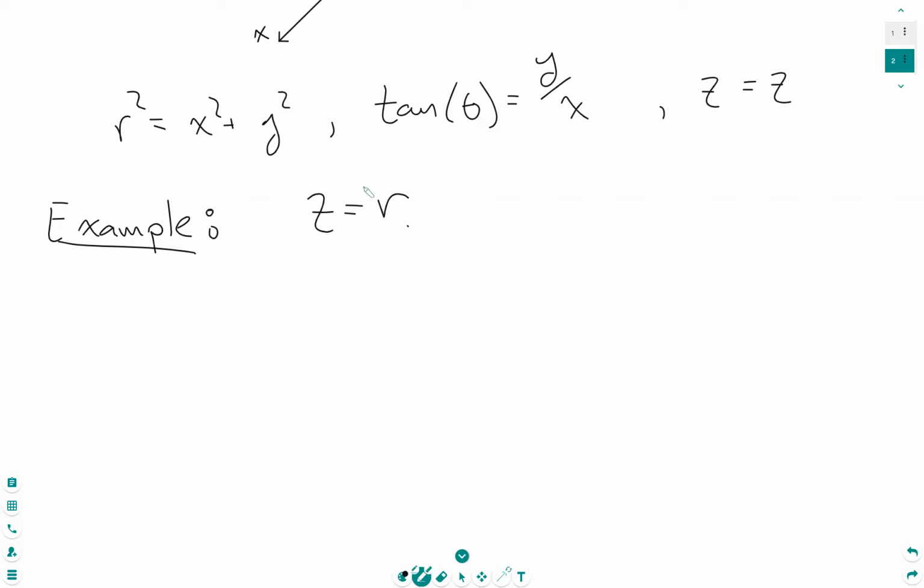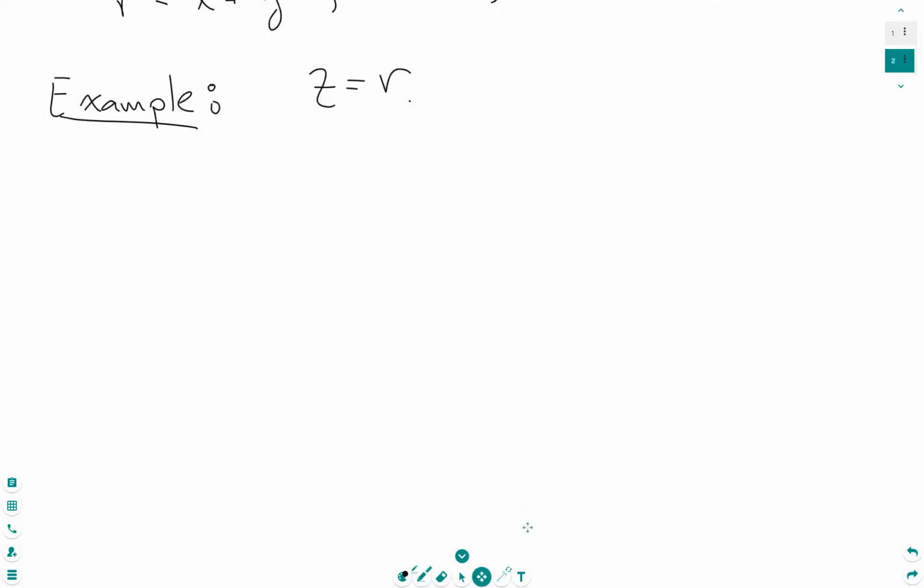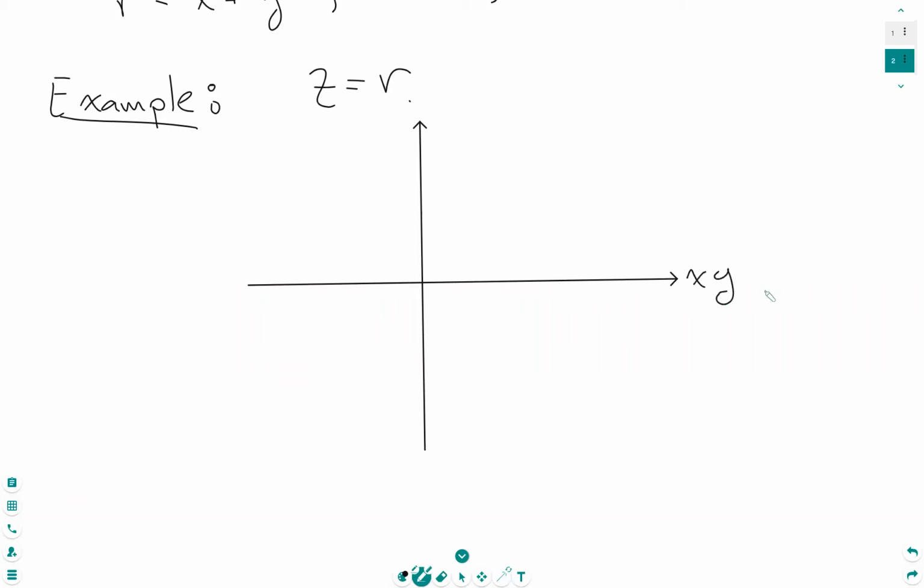Let's define what this thing looks like. So what I'll do is I'll actually start to draw out something in R2. But what I'll do is write this as the xy plane, and I'll write this as the z-axis. So you can think of the xy plane as the r direction as well.